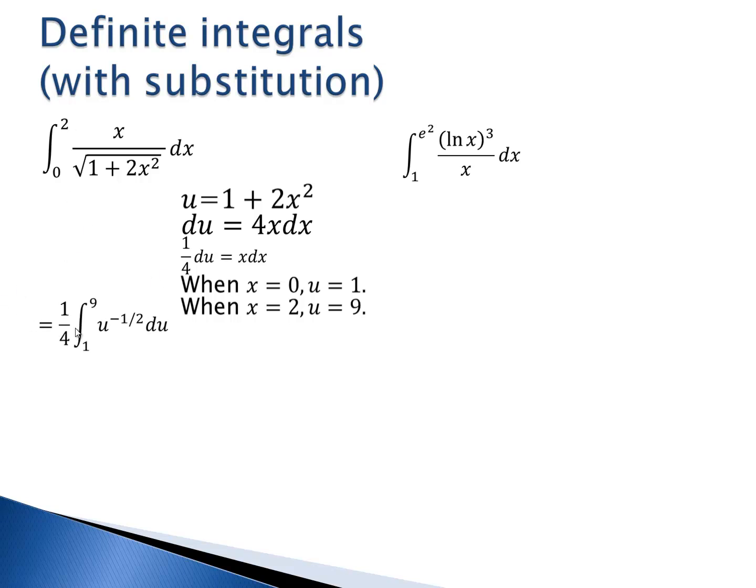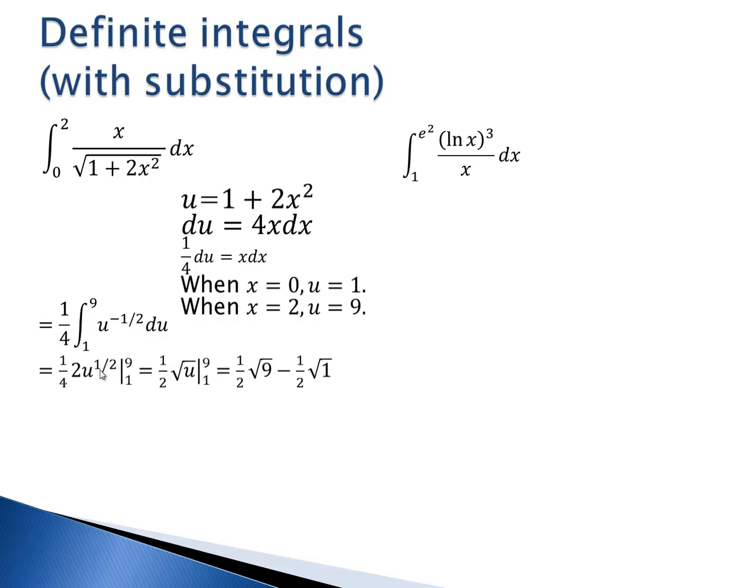Alright, so we get 1/4 du from our x dx that we originally had. And I said that square root in the denominator would be our u to the negative 1/2, negative for the denominator, 1/2 for that square root, and now from 1 to 9 again. Okay, so we'll integrate, take our antiderivative of u to the negative 1/2, we get u to the positive 1/2, alright, increase that power by 1, and then divide by that power.